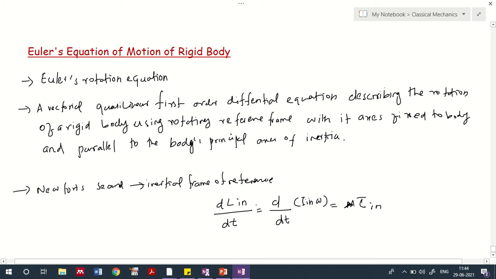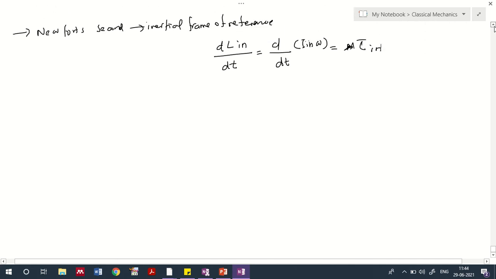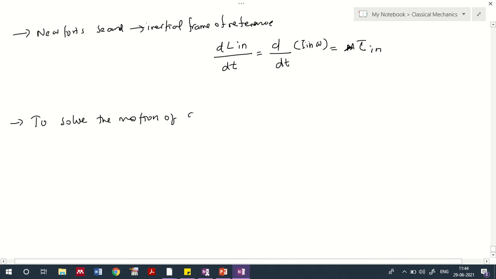Now, to solve the motion of a general rotating rigid body, we need Euler's equation of motion.